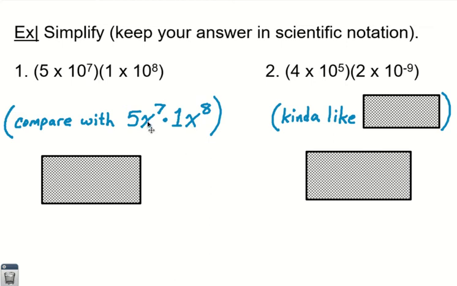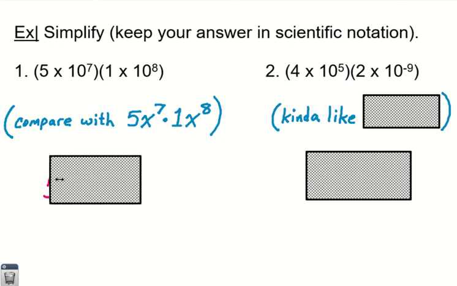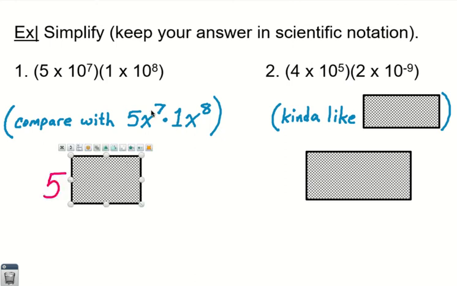You could treat it like x. How would you do this? 5x to the 7th times 1x to the 8th. Wouldn't you do the 5 times the 1 to get 5? And then wouldn't you do x to the 7th times x to the 8th and just add the powers?